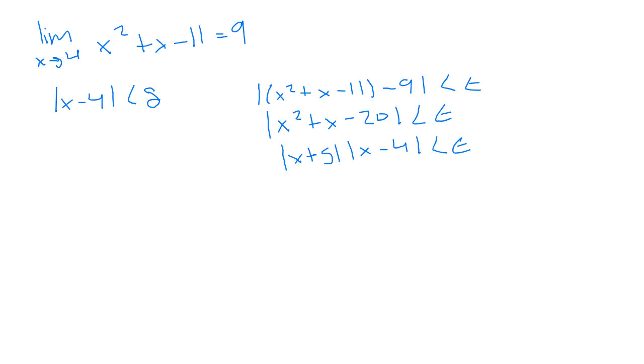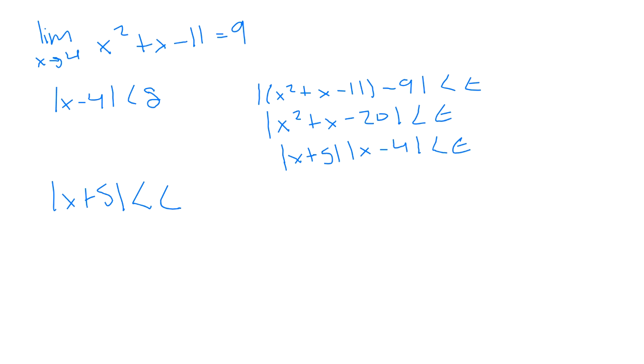So what we can do is say that x plus 5 is going to be less than some arbitrary constant c. That can just get things out of the way for us.